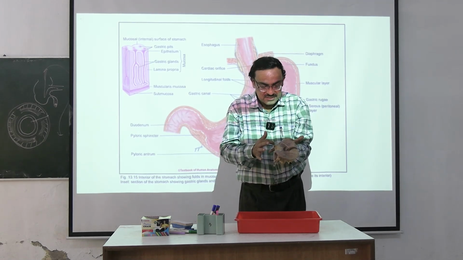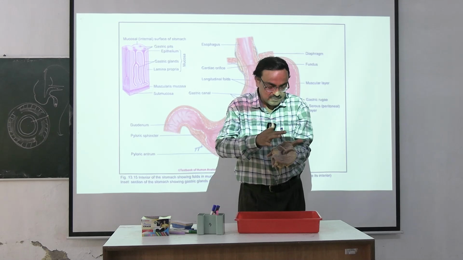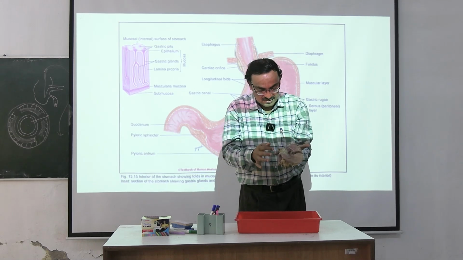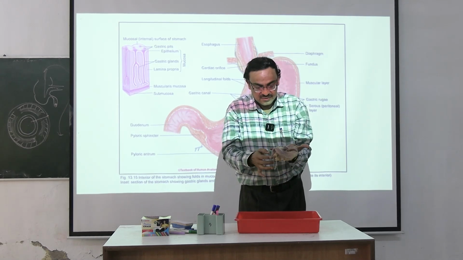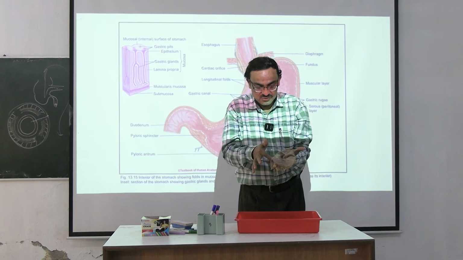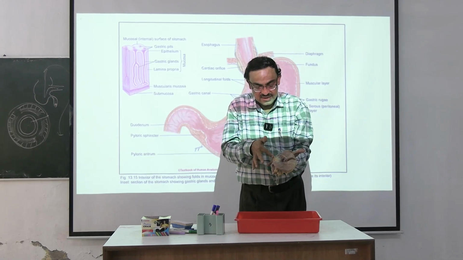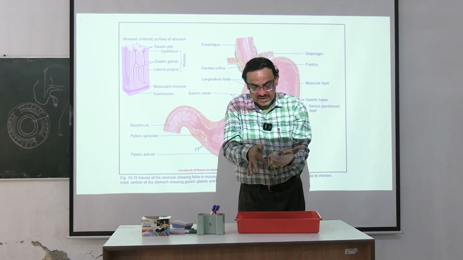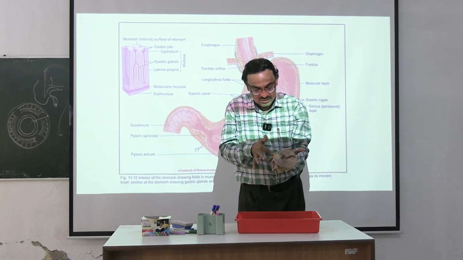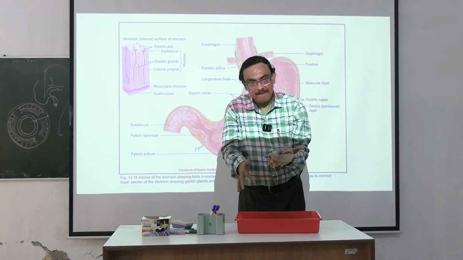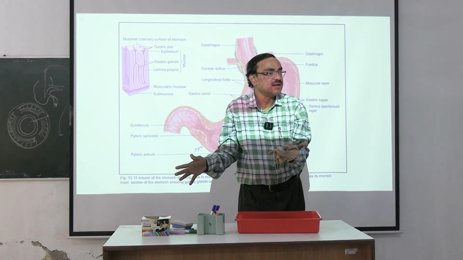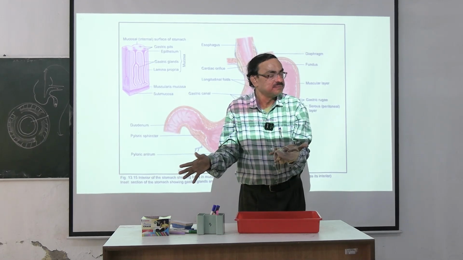So this is the lesser curvature, this is the greater curvature, and this is the incisura angularis where we are getting a notch. The lesser curvature is from the right end of the esophagus, continued up to the right end of the duodenum.